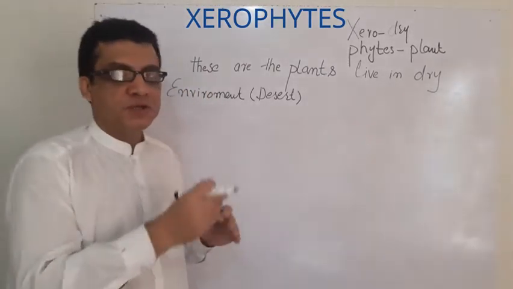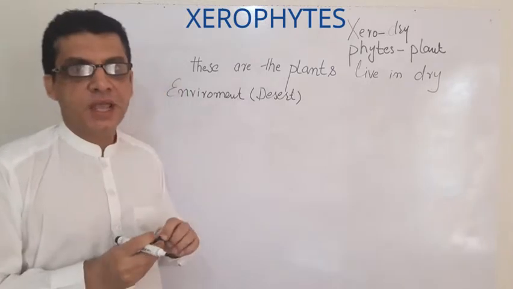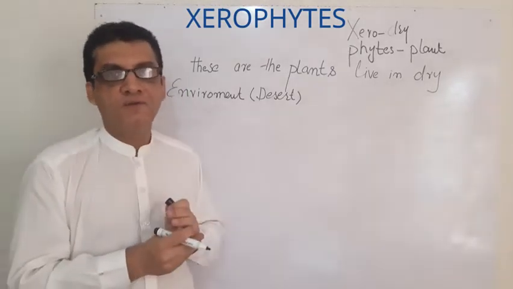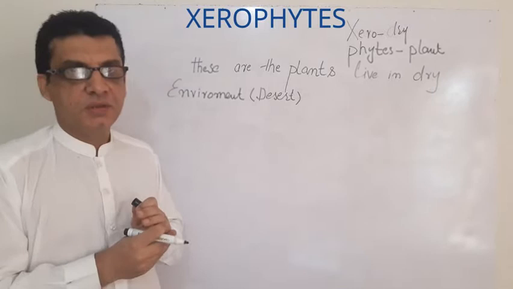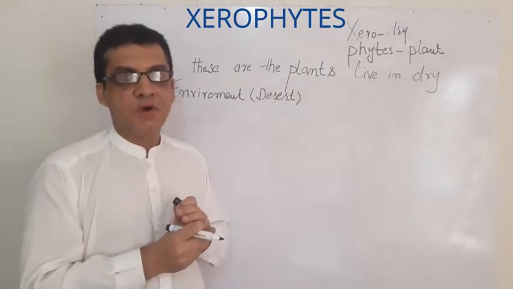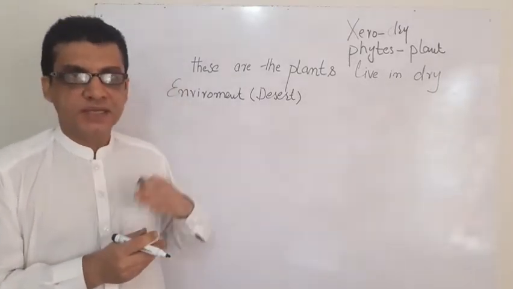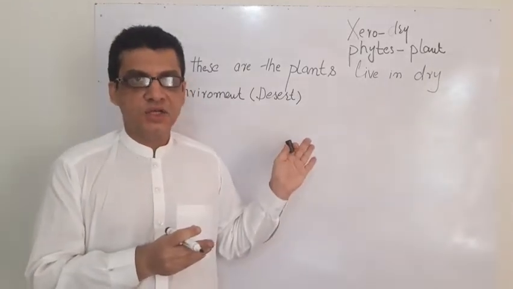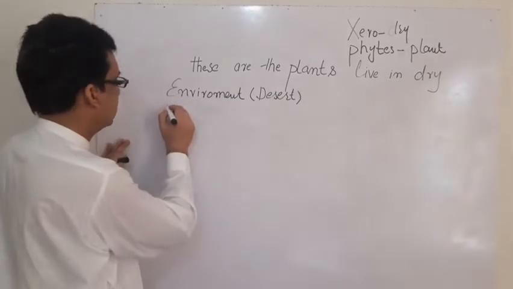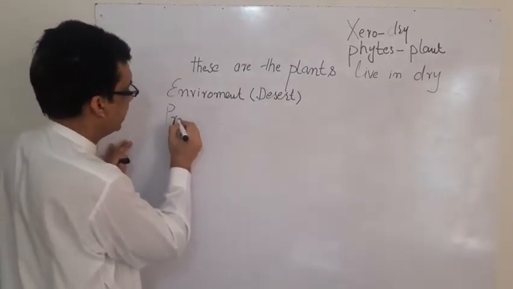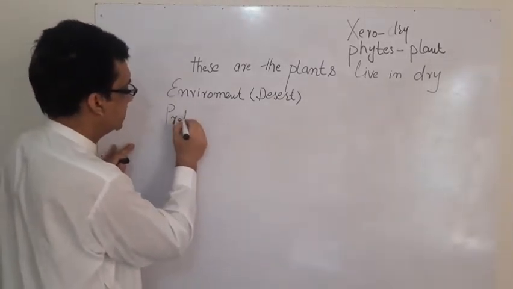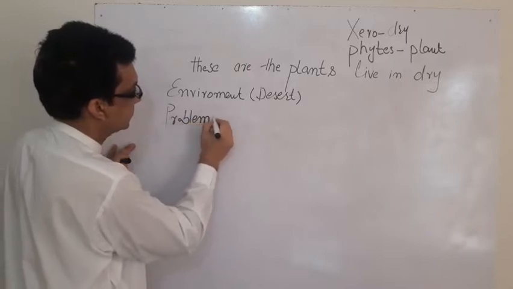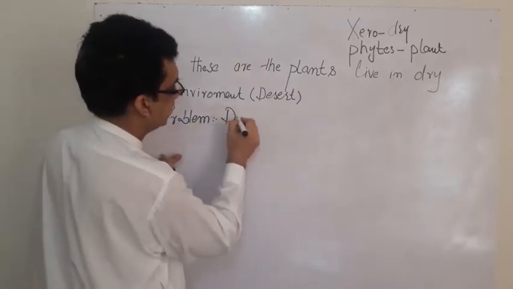Now, with respect to osmoregulation, they have the problem of dehydration because there is a small amount of water in the soil in such an area like deserts. So the problem that has to be faced by these plants is dehydration.